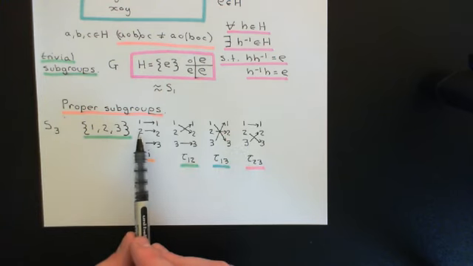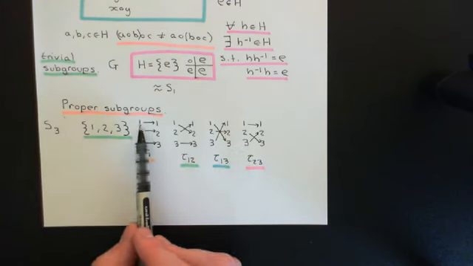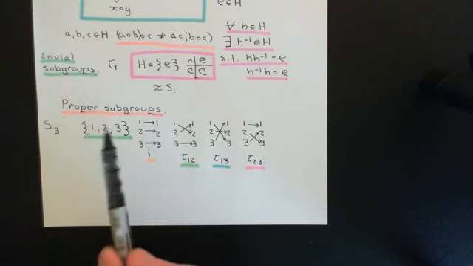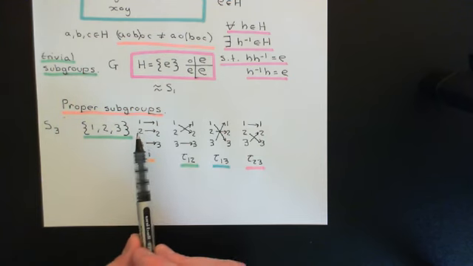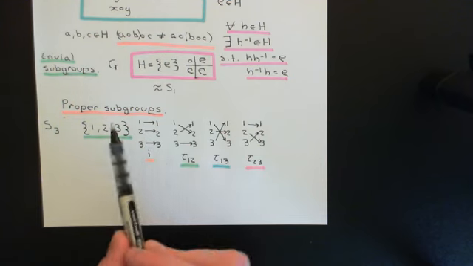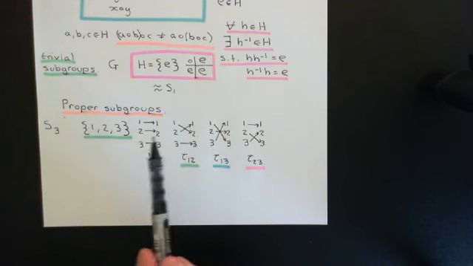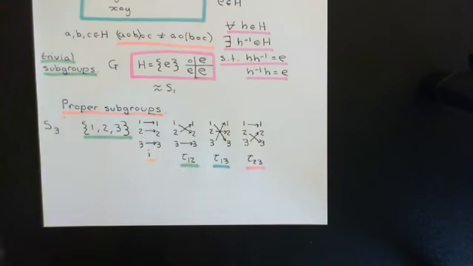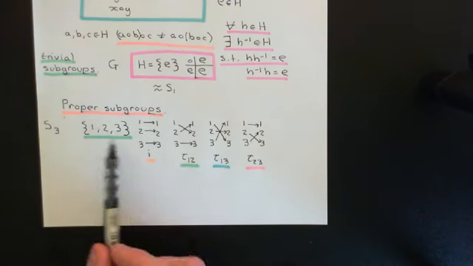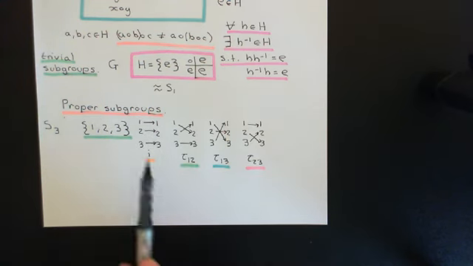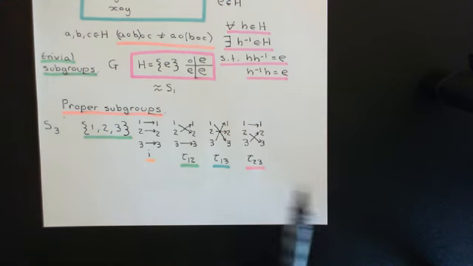Then for all the different places you can send 1 onto, you then have 2 choices, 3 minus 1 choices, of where you're going to send 2 onto, so you times it by 2. Where you send 3 after that is set, because once you've chosen where 1 and 2 go to, 3 has only 1 choice basically. So it's 3 times 2 times 1, so there are 6 possible permutations.